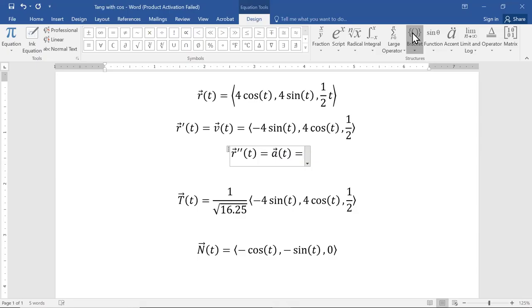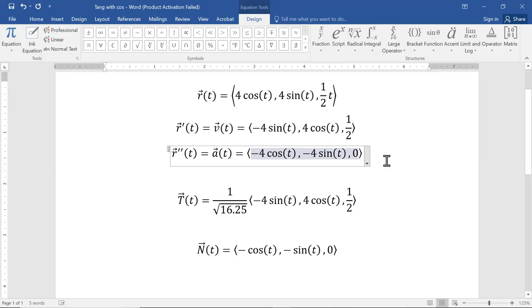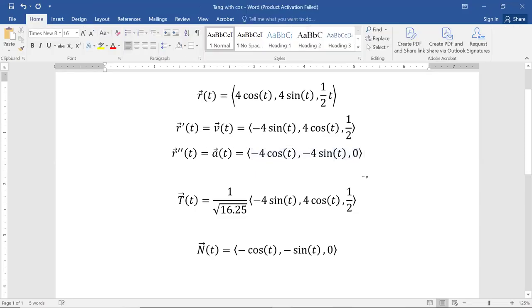When we do a second derivative, we're going to get -4 times cosine of t, -4 times sine of t, and 0 as my 3 component parts.